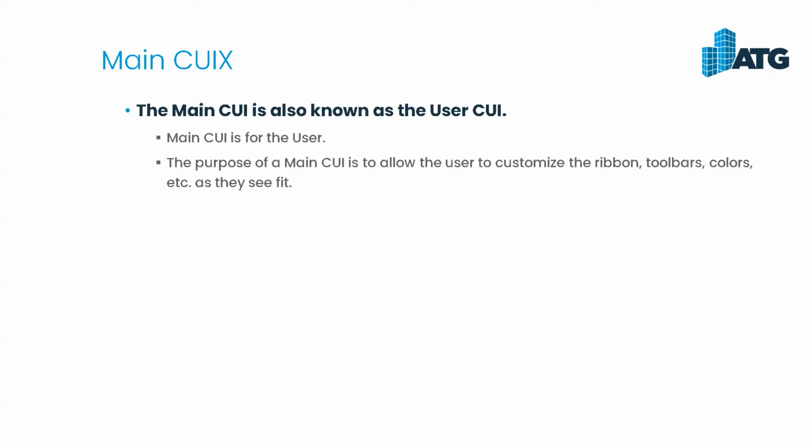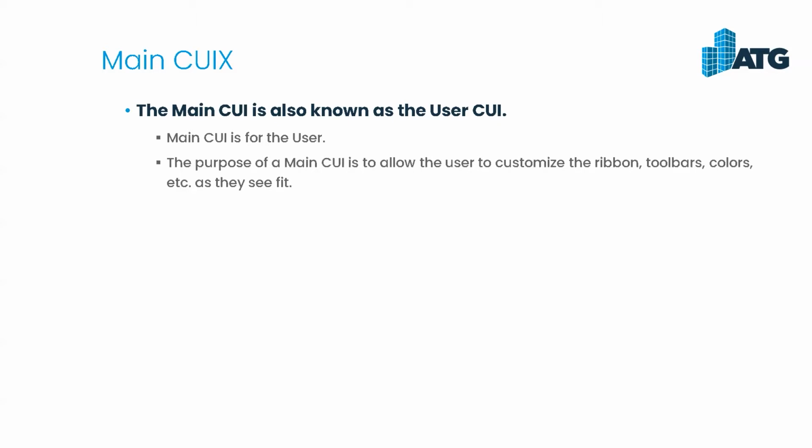Main CUI. The main CUI is also known as the user CUI. The purpose of this is for the user to be able to have some flexibility. So they can modify their own ribbon, their toolbars, colors, crosshairs, however they see fit.